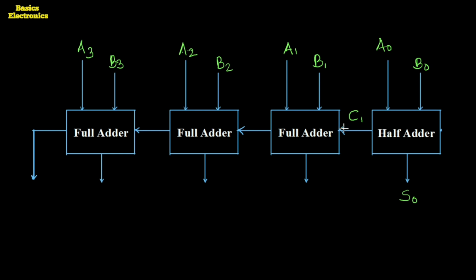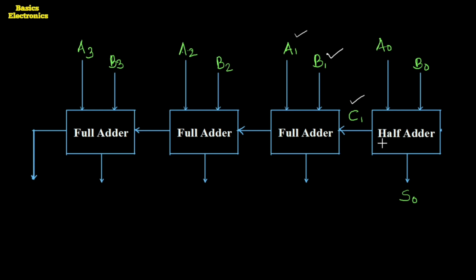Then the carry generated is applied as a third binary bit to the next full adder. The full adder we are using performs the addition of three binary bits. Which are those bits? The three binary bits are A1, B1 and the carry generated at the previous column addition. We apply the carry generated at the previous column addition to the next column.